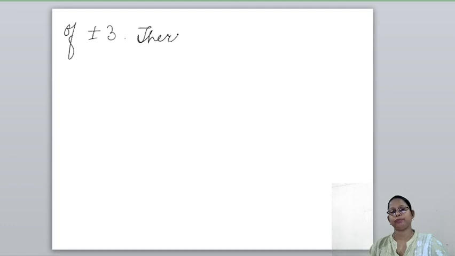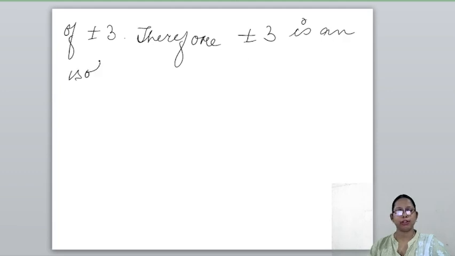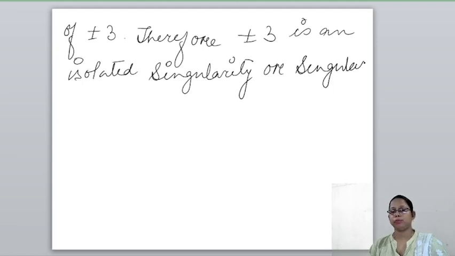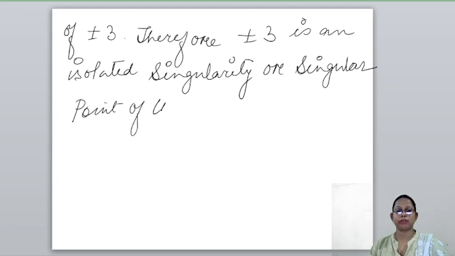Therefore plus minus 3 is an isolated singularity or singular point of the given function f.